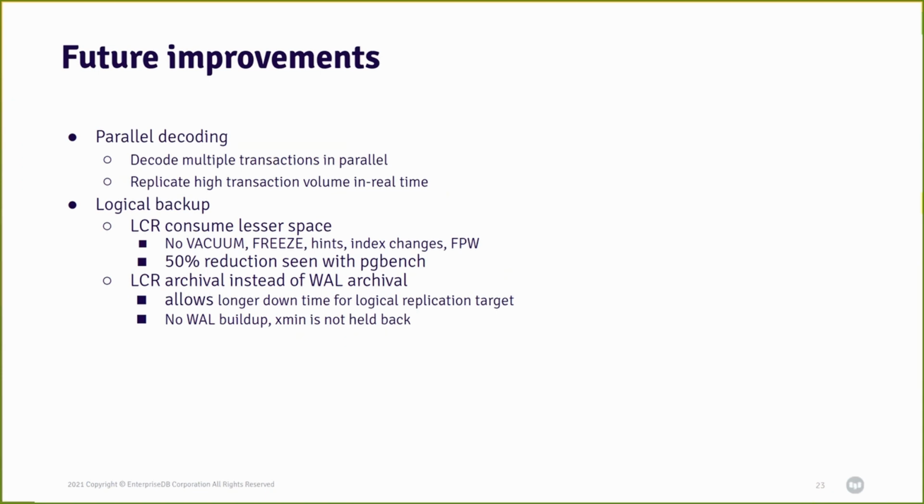In order to improve that situation and support logical replication in systems with very high load and a higher number of WAL senders, we will bring parallelism to logical decoding, where we can add multiple processes or multiple backends which can perform logical decoding in parallel and thus improve the throughput of logical decoding.